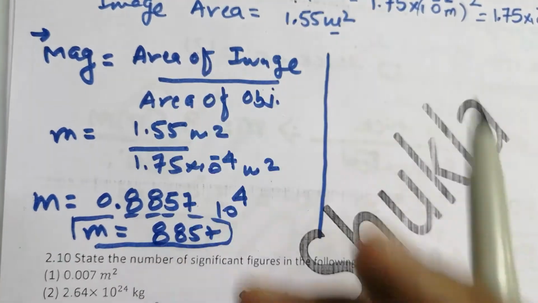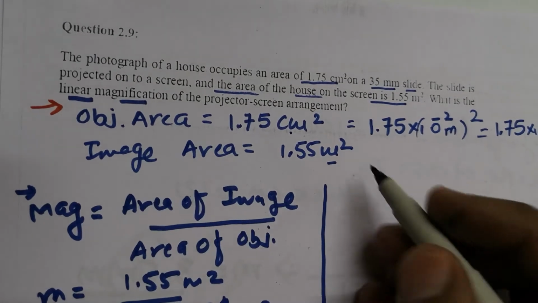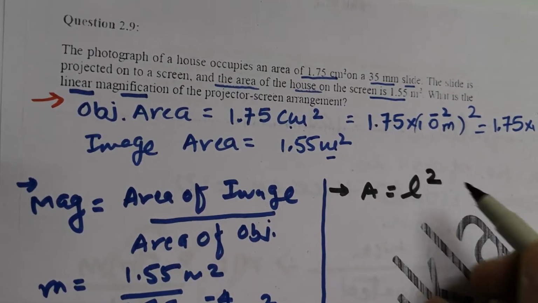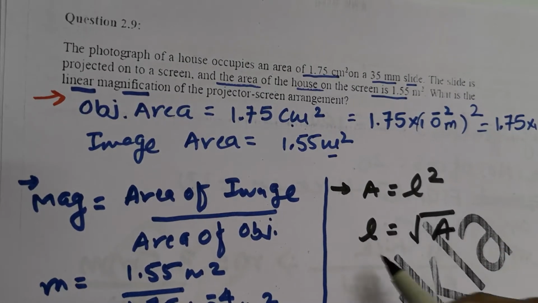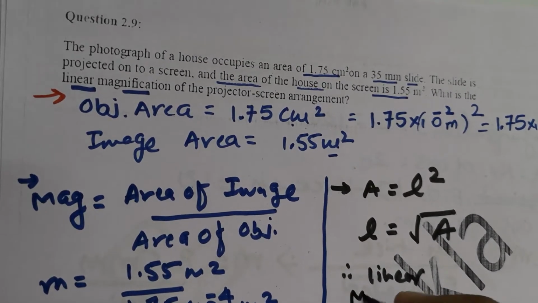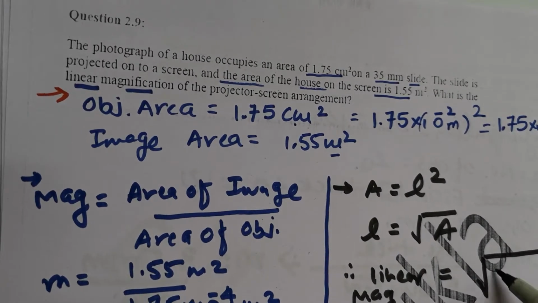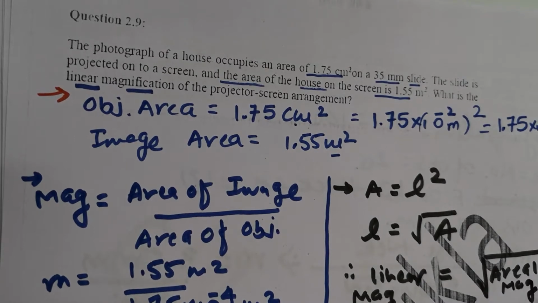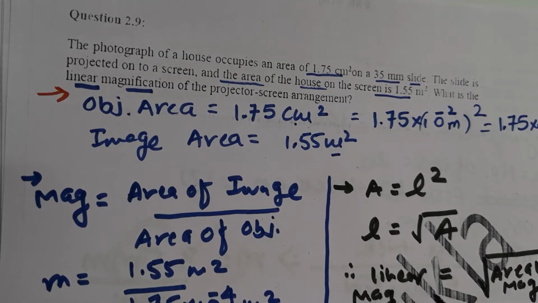The next question in the same task is to find the linear magnification. You are aware that area has a relationship with length squared, so I can say that area is proportional to L squared. The linear magnification is equal to the square root of the areal magnification. The areal magnification is in the square root relationship with the linear magnification.